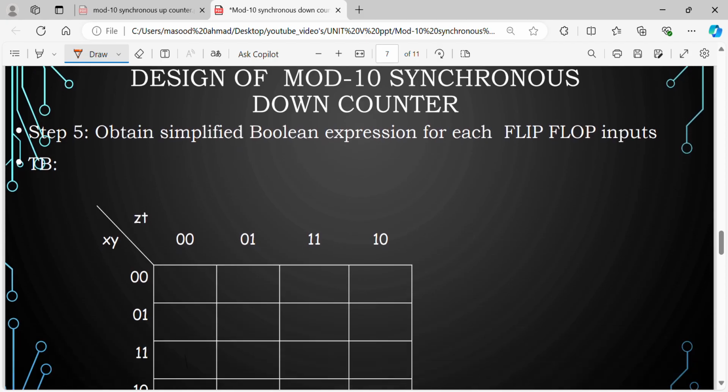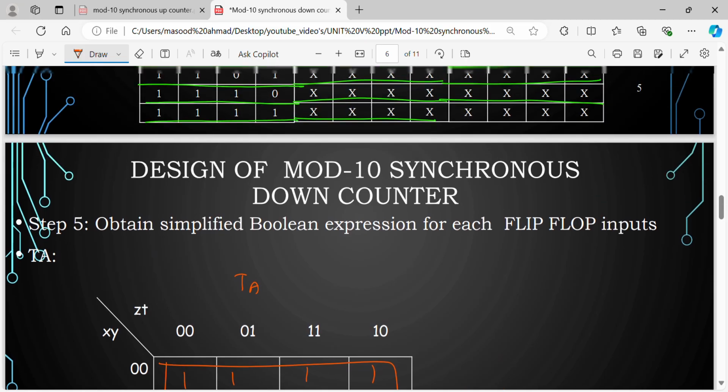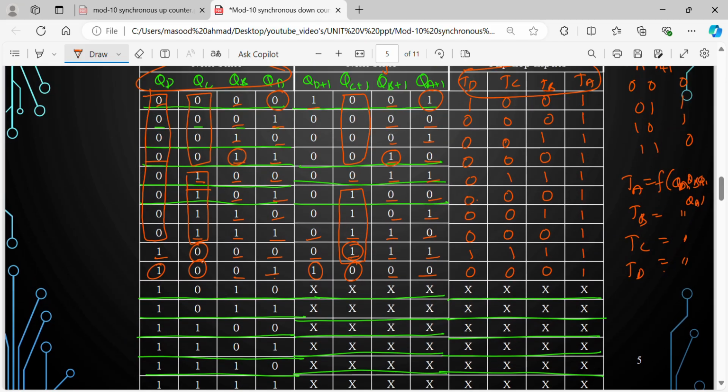Next we will look at the expression for TB. If you look into the diagram, TB is 1 for 2. So this is 0, this is 1, this is 2, 3, 4, 5, 6, 7, 8, 9. Right? From 10 onwards it is don't cares. 10, 11, 12, 13, 14, 15 are don't cares. Up to 9 you have the values.